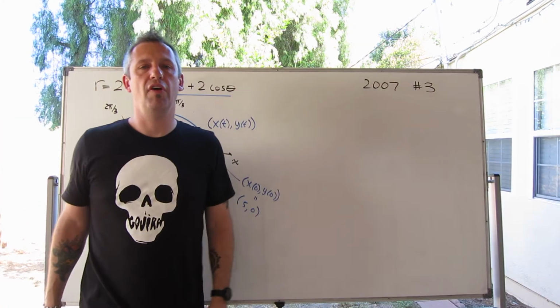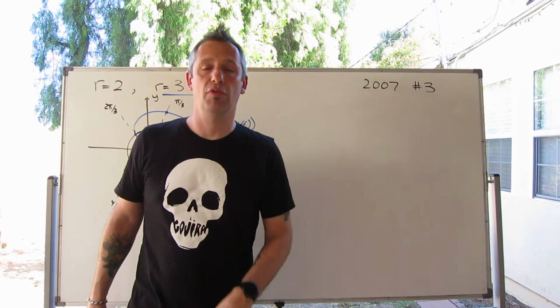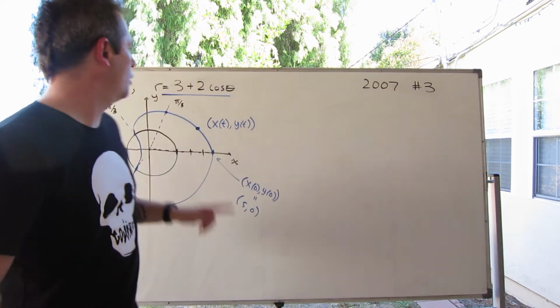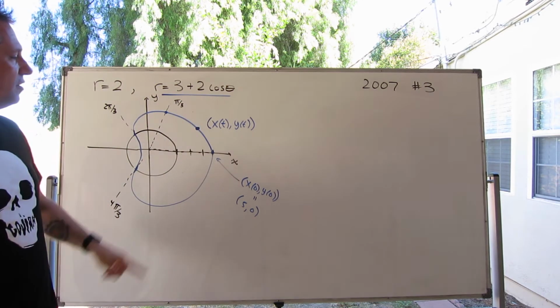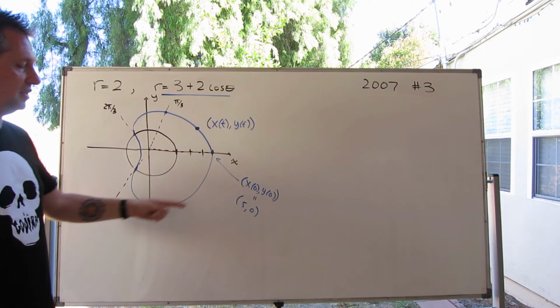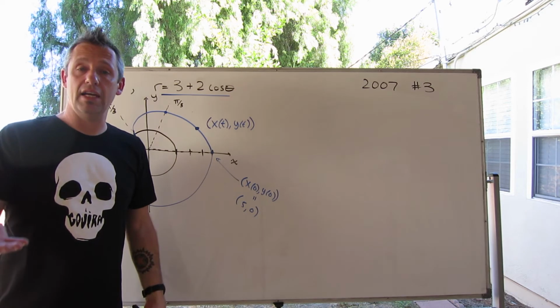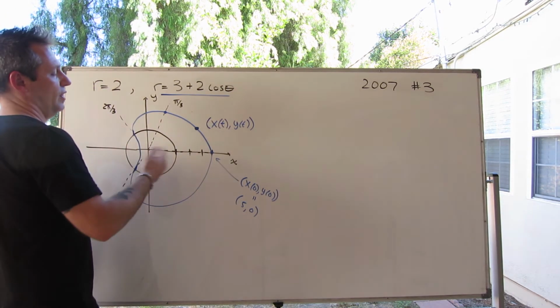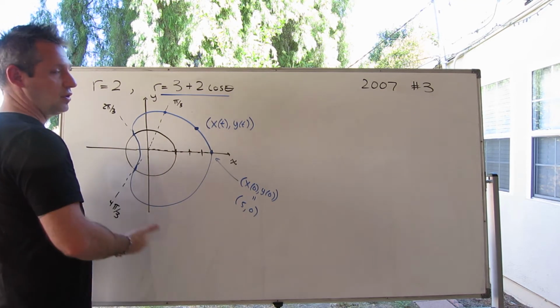Okay, here we are doing the final part of the 2007 number 3 AP Calculus BC exam. We're dealing with this polar curve r equals 3 plus 2 cosine of theta, which describes this cardioid that you see here. In these last two parts, a particle is moving along this cardioid, counterclockwise.